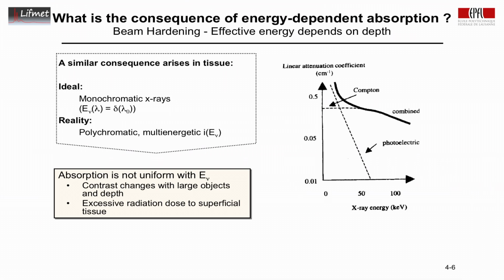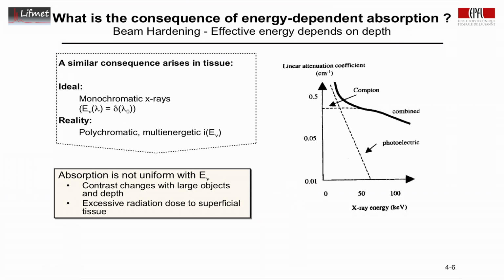As the X-ray beam traverses the tissue, these photons are preferentially removed, and so we have an increasing contribution of the Compton effect to the absorption of X-rays. So we have a shift from the photoelectric effect to the Compton effect. If you imagine that this is skin here, then we are looking at a removal of the photons primarily in the superficial tissue, skin, fat, and so on, and therefore a higher radiation dose to these tissues.